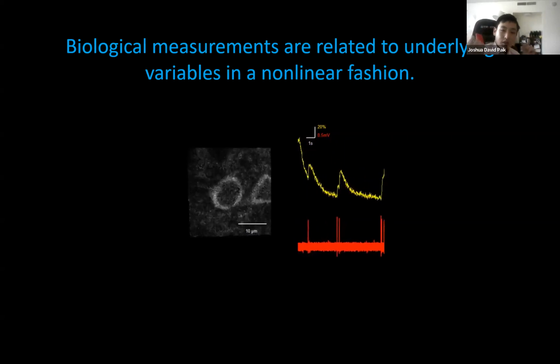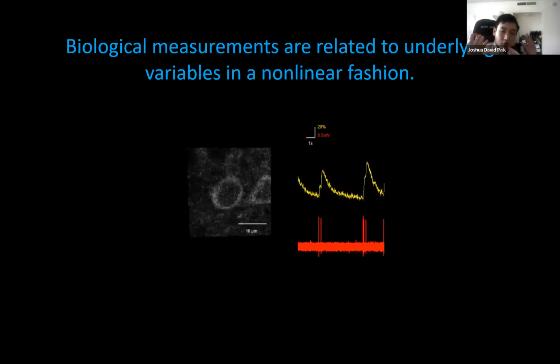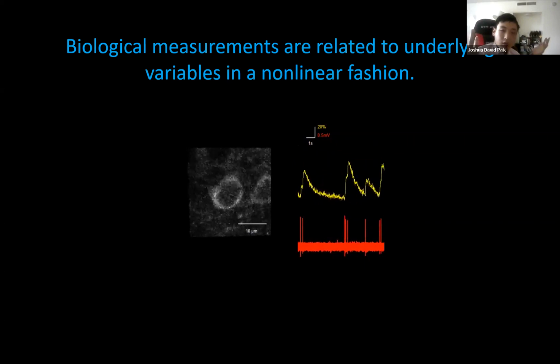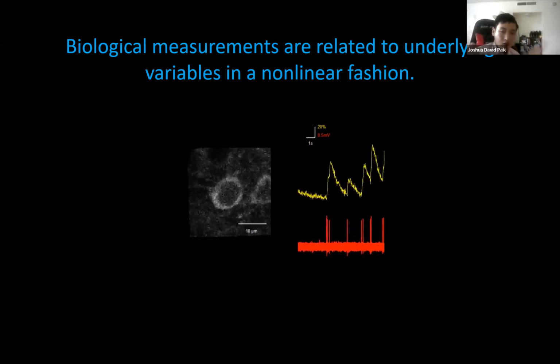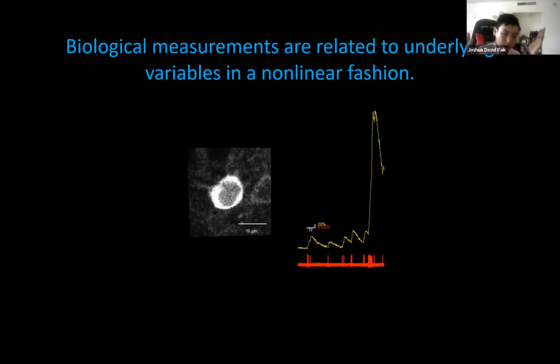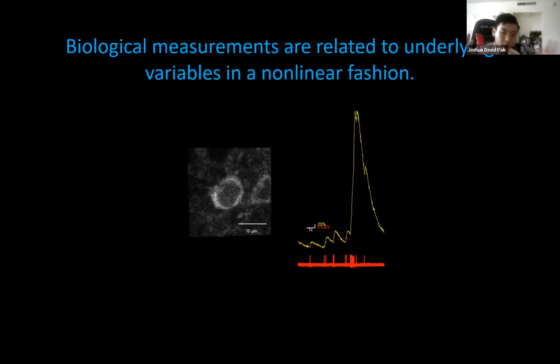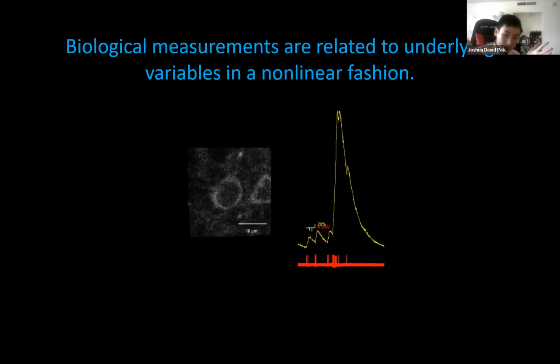When there's an influx of neural activity in red, the cell, in the recording we see on the left, grows brighter. But if we look at the fluorescence data, there's a nonlinear relationship.